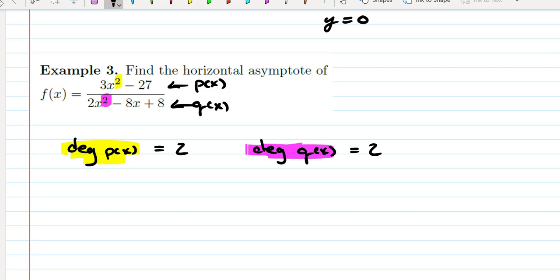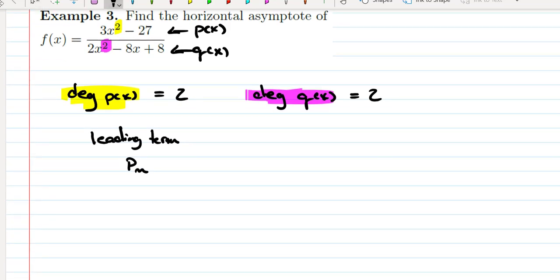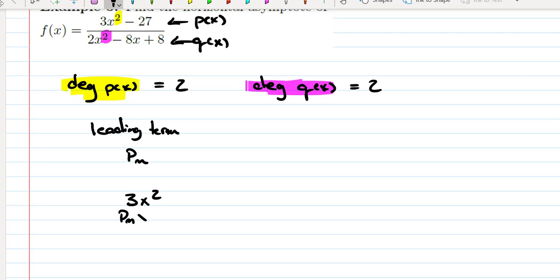So our leading term of P of x, which we're going to call P sub n, is 3x squared. So we have our P sub n x to the n. That tells us that our P sub n is going to be 3.